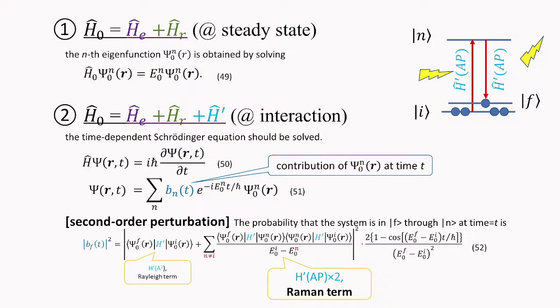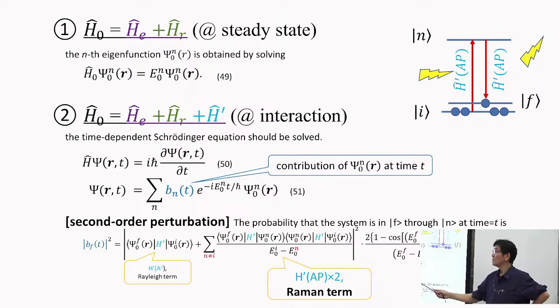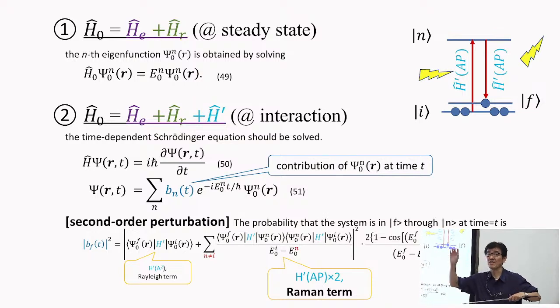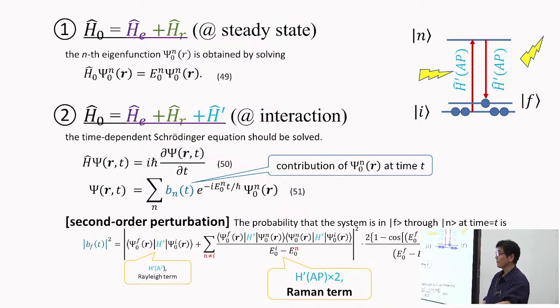Then let's move to the interaction part. In this case, the Hamiltonian should also include the interaction Hamiltonian, right?